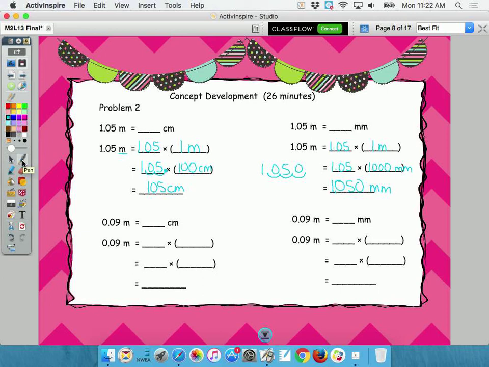Okay, now how is the decimal hop different from the standard algorithm we've been using? How is it different? Any answers? Anybody have an idea? I know you need to listen to the question. How is the decimal hop different from the standard algorithm that we've been using? Corbin, what do you think?